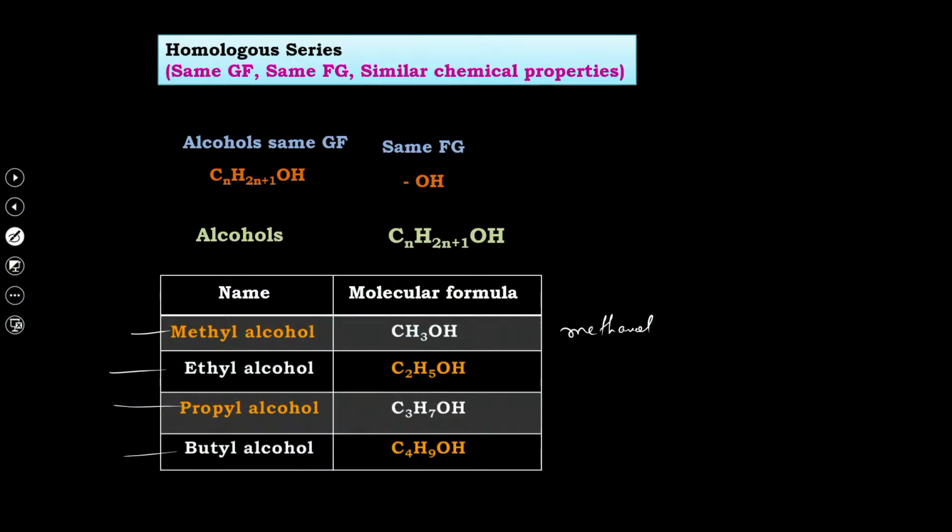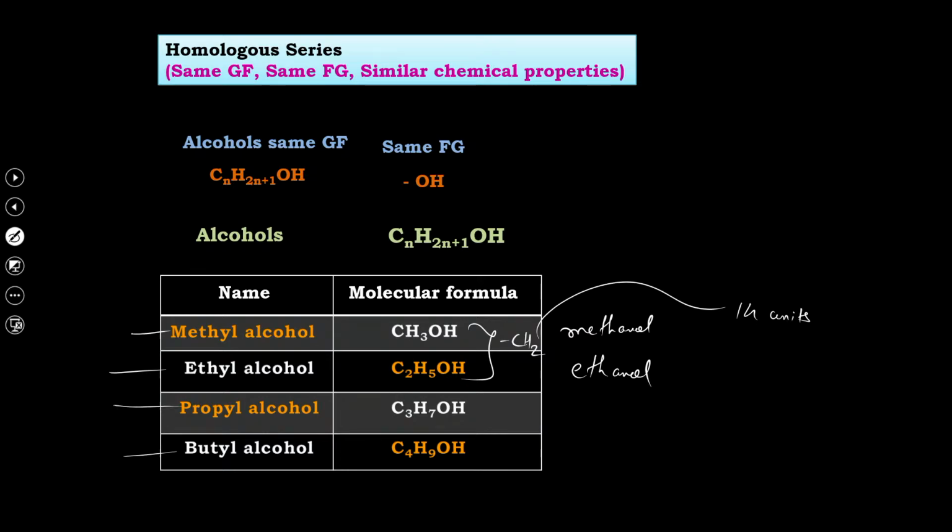In case of ethyl alcohol, it is also known as ethanol, that is C2H5OH. So here also the difference is they differ by one carbon atom and two hydrogen atoms. And if you calculate the molecular mass, here also the difference will be of 14 units.